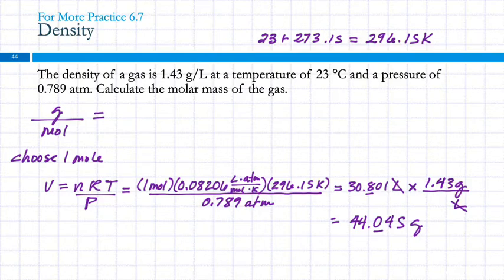So up here, for my molar mass, I picked 1 mole. So I found the mass of 1 mole, 44.045 grams is 1 mole of this gas. That is my molar mass right there.